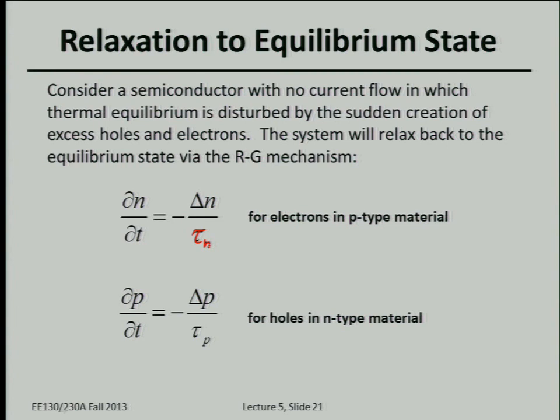It turns out, for electrons in the p-type material, because we're only interested in minority carrier concentration under the low-level injection approximation, del N over del T, the time derivative of the electron concentration, is equal to the injected excess minority carrier concentration divided by that characteristic time, divided by a constant.